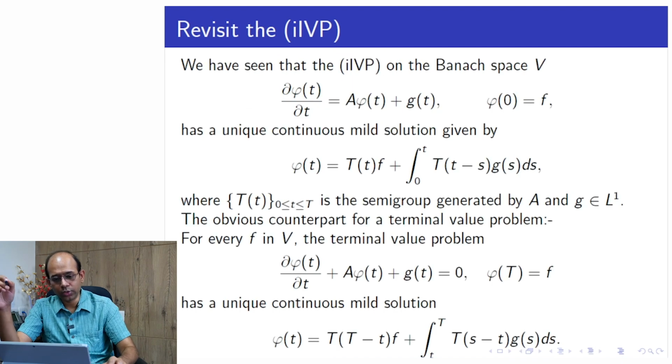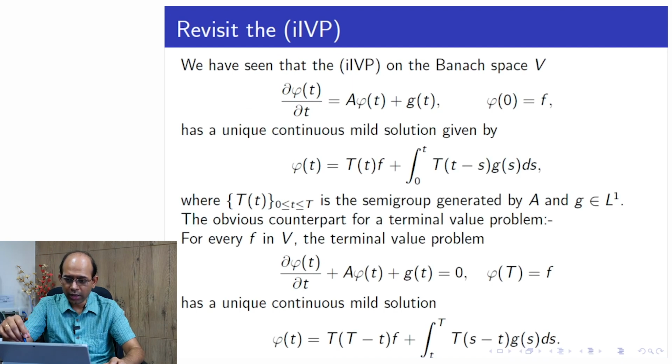So here, if g(t) and φ(t) for each t are members here, then they can be evaluated at some point small x, which is a point in the state space of the process.